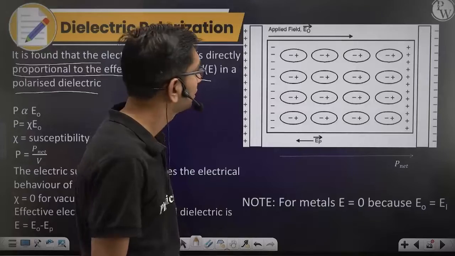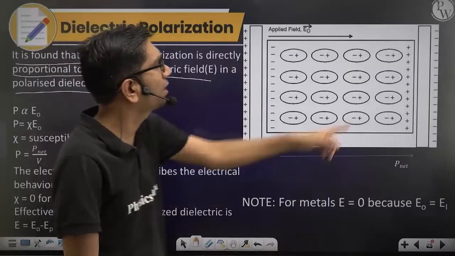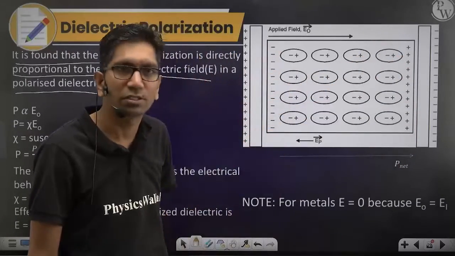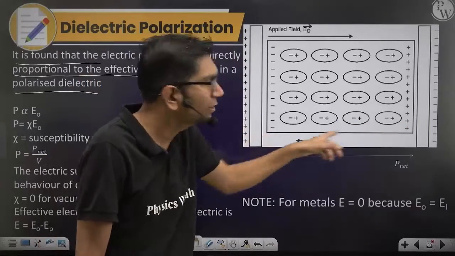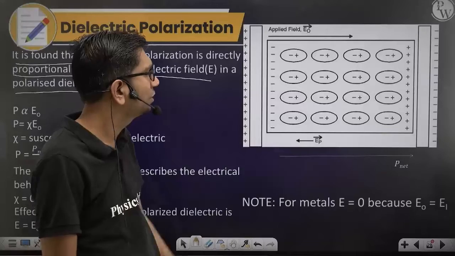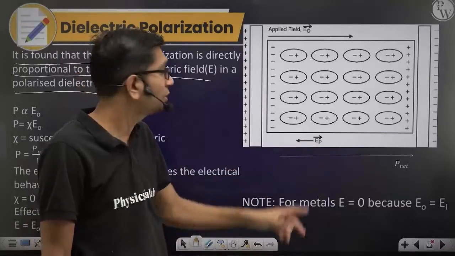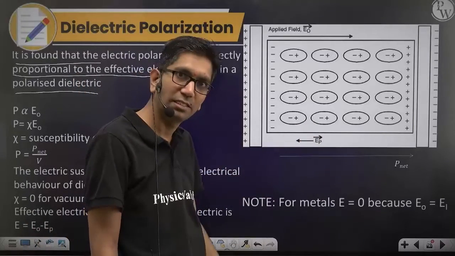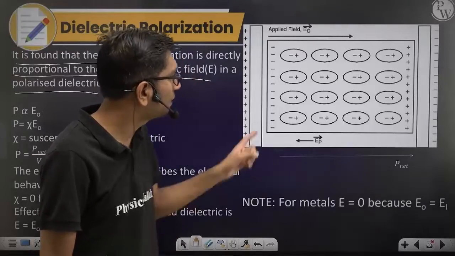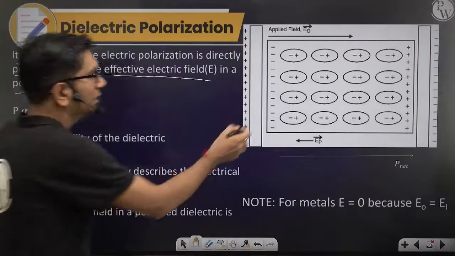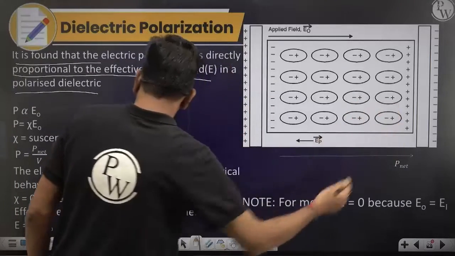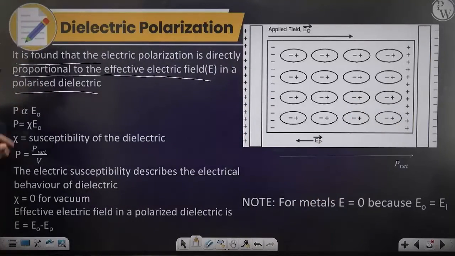Here are all the positive charges, here the negative charges. From here to here, the induced electric field is called the field due to the polarization. Is it clear, beta? So the dipole moment direction is this direction, negative charge to positive charge. These are the negative, this is the positive, like this they are going.